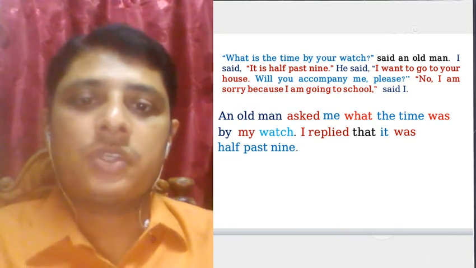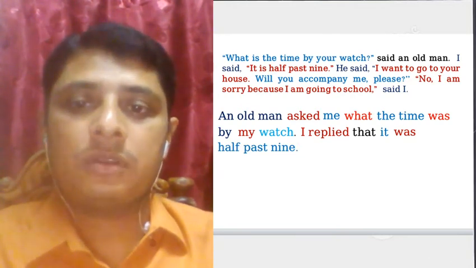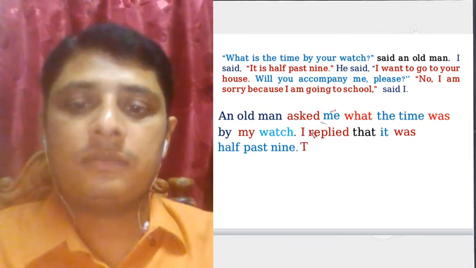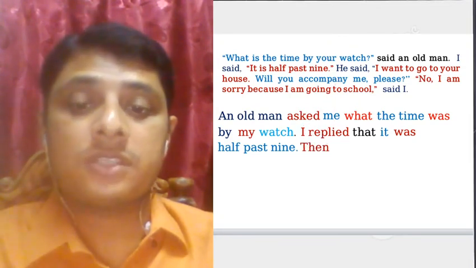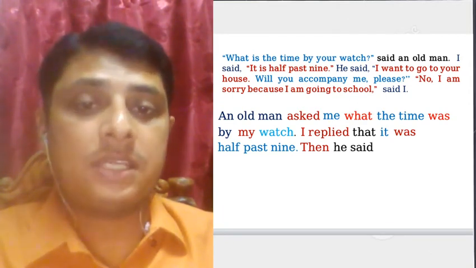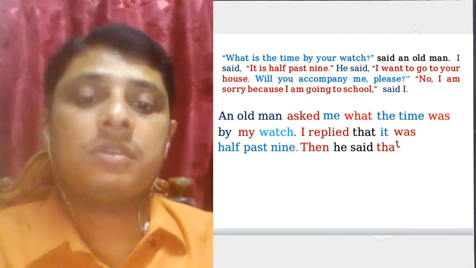Then he said, I want to go to your house. Here is another one, so you can write he said, then, because it's passage narration, use some conjunctions like that. Then he told or said, and instead of comma, inverted comma, you just use that.